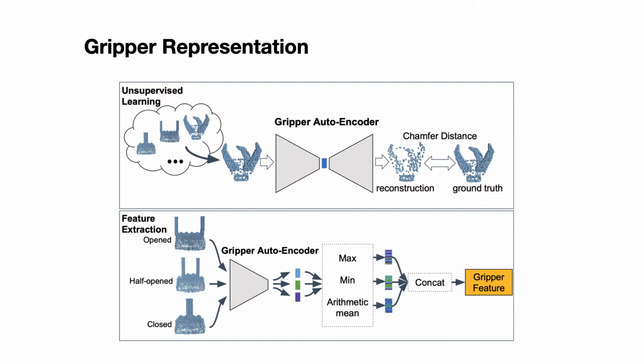These configurations are able to describe the kinematics of the Sawyer gripper. We send these three point clouds into the gripper encoder and then combine their corresponding geometry features to finally output the gripper feature. Here, our gripper features encode both geometry and kinematics of the gripper.